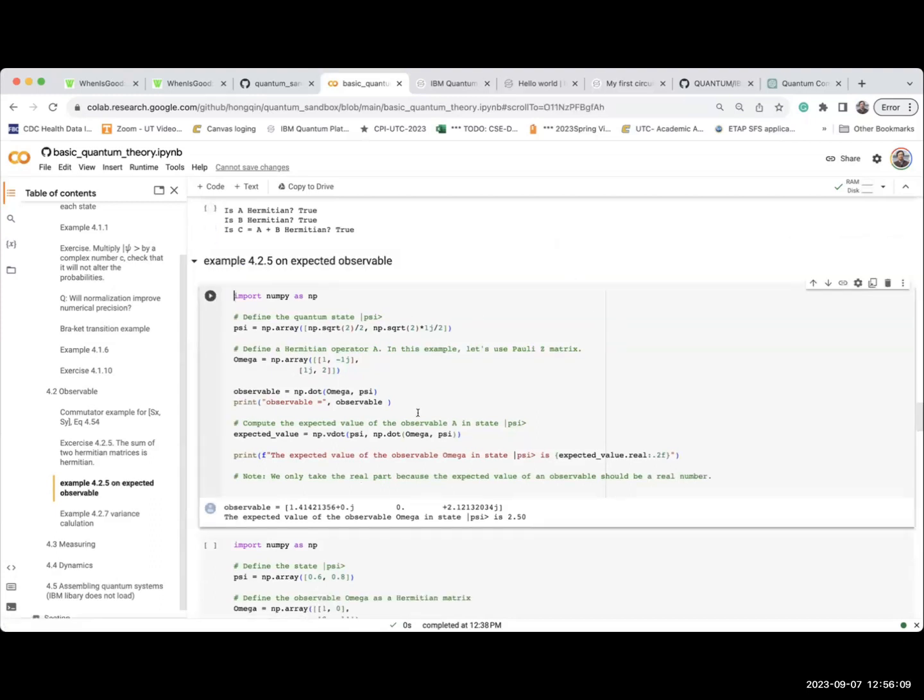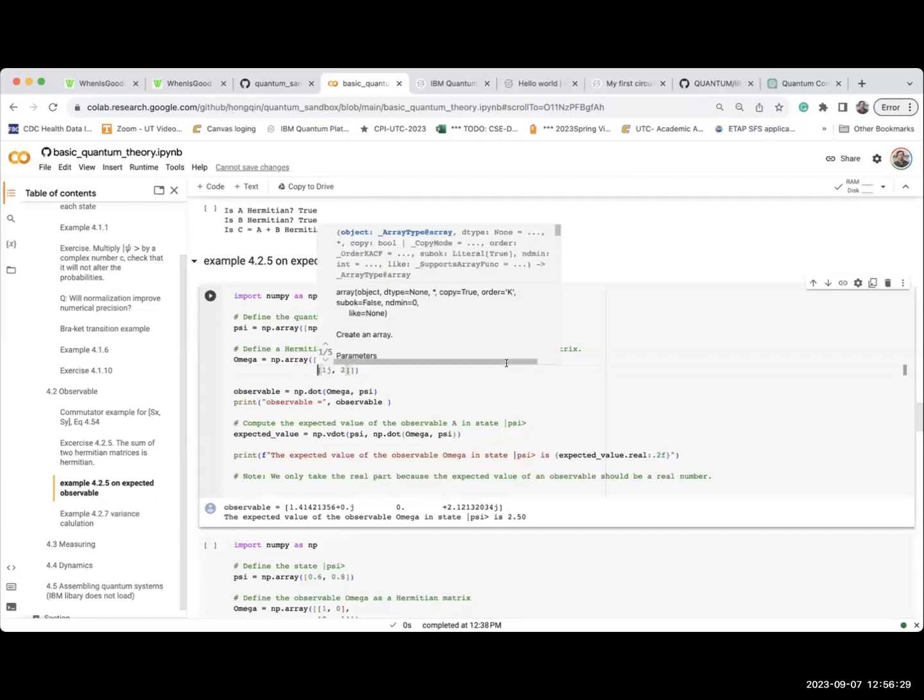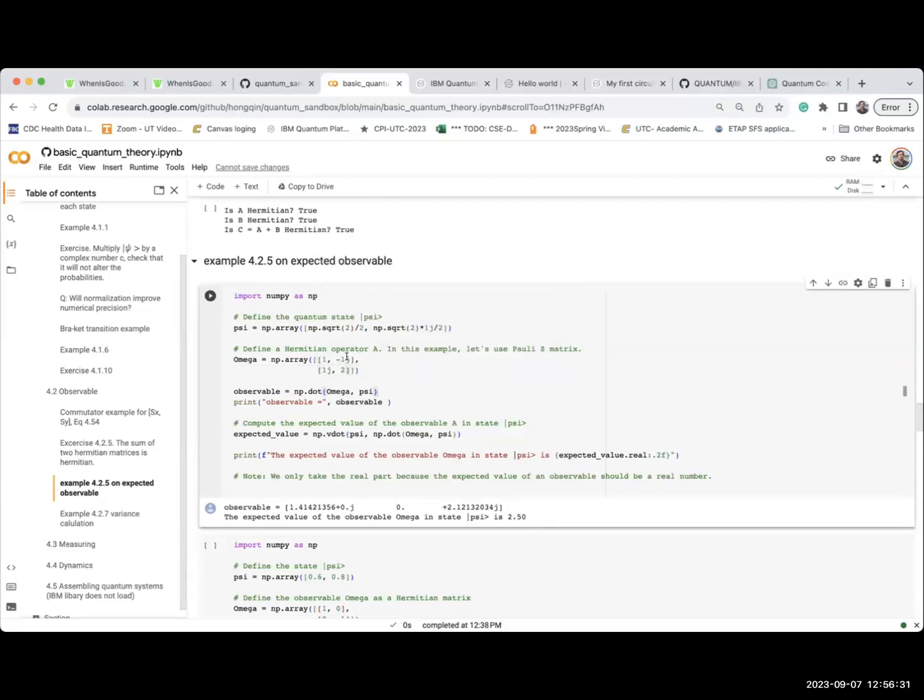Okay, so that's the psi, square root 2, square root 2 over 2 i. Okay, that's psi. This is omega. Is that correct? Let me reformat this. Omega is 1, minus i, 2. Okay, that is omega.